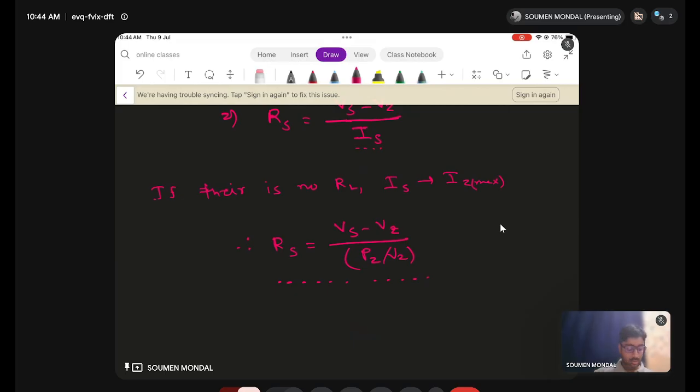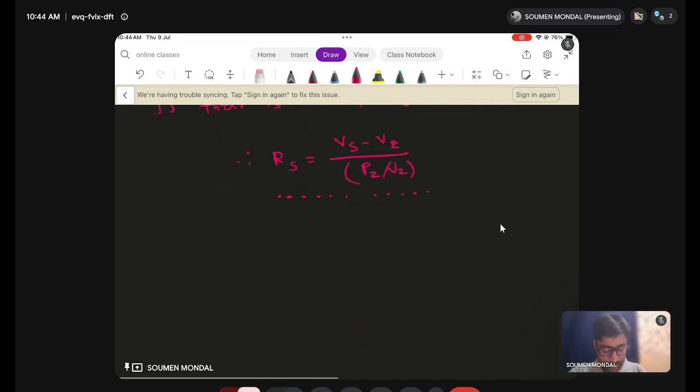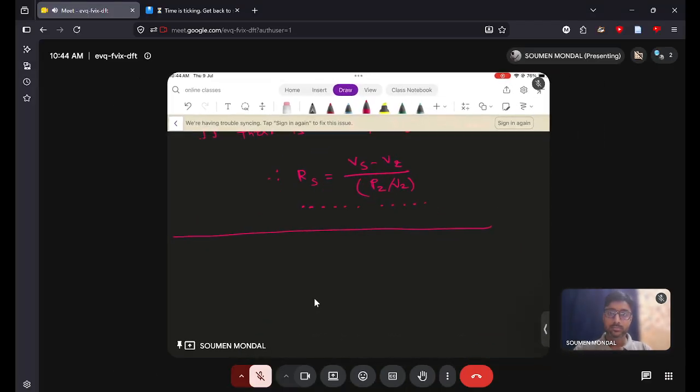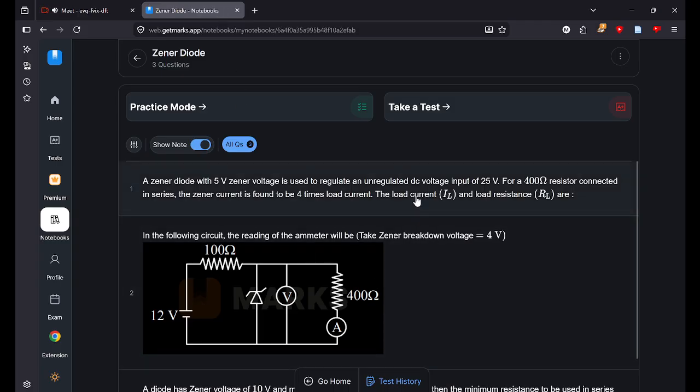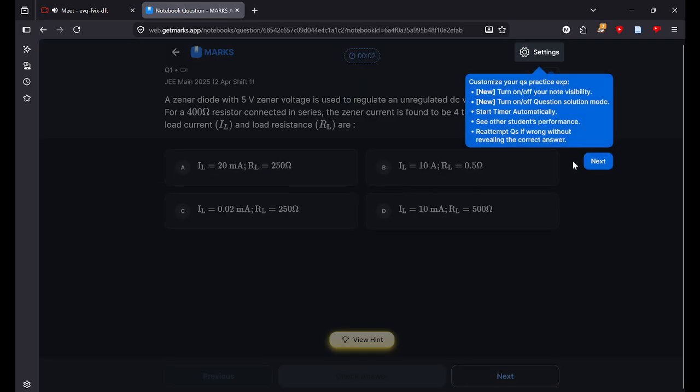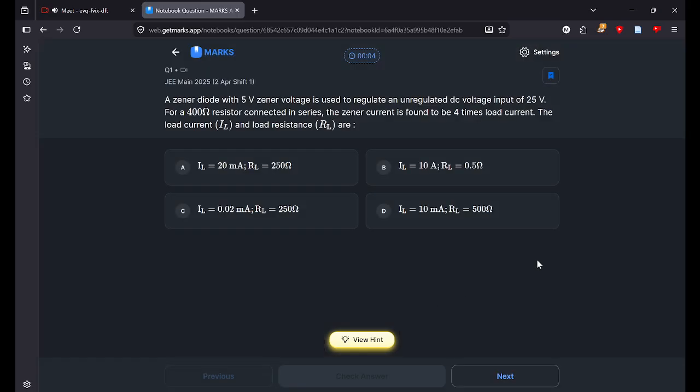So now we will do some sums to understand what is happening. So let us first check this problem.